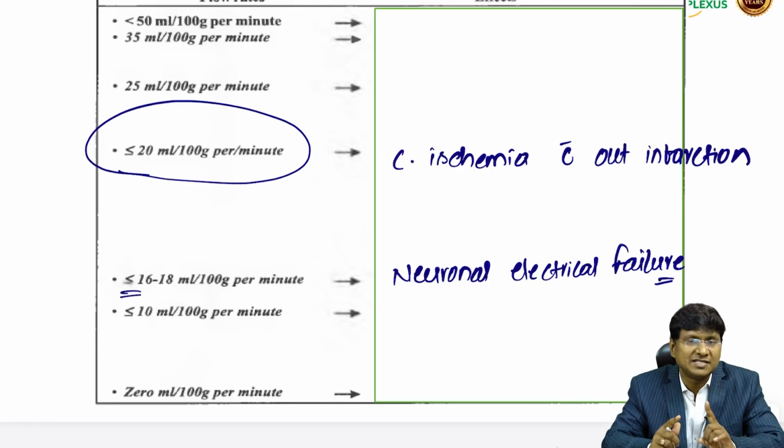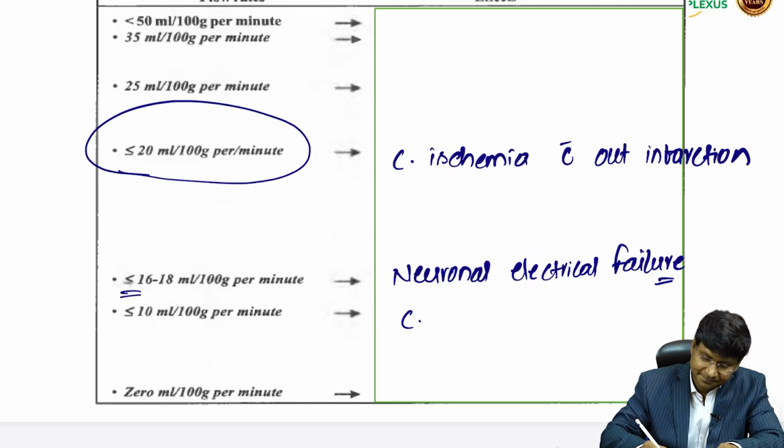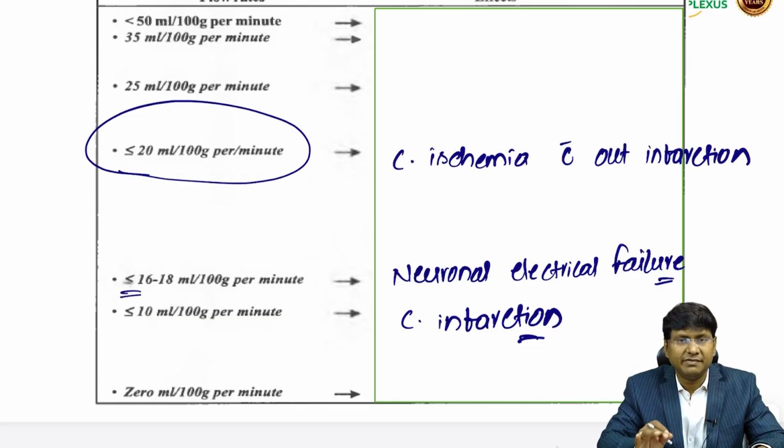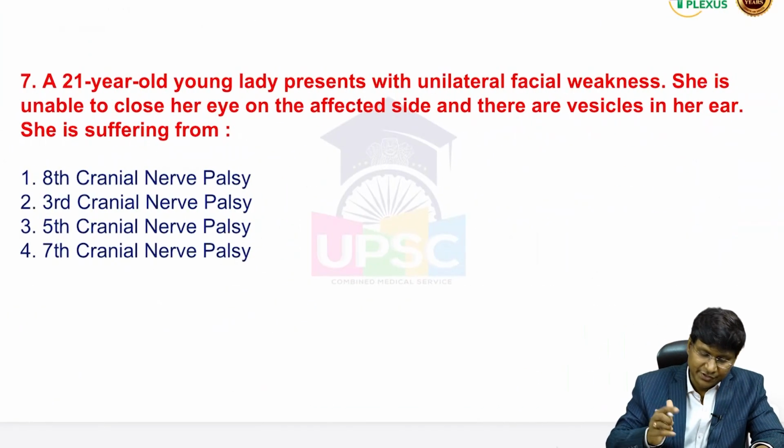And at a level of blood supply to less than or equal to 10 ml per 100 gram per minute, at this point there will be cerebral infarction, where there will be death of the neuronal cells. So this is about the various etiologies that will be causing stroke, and that was the question related to the topic of stroke. Next question.